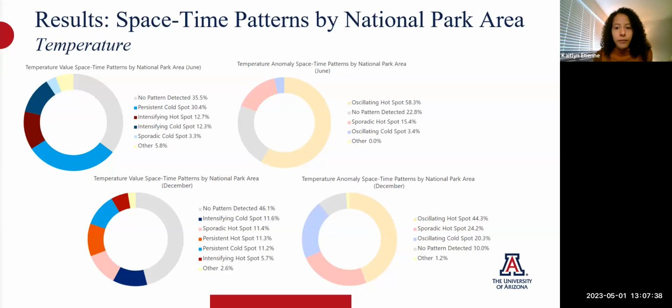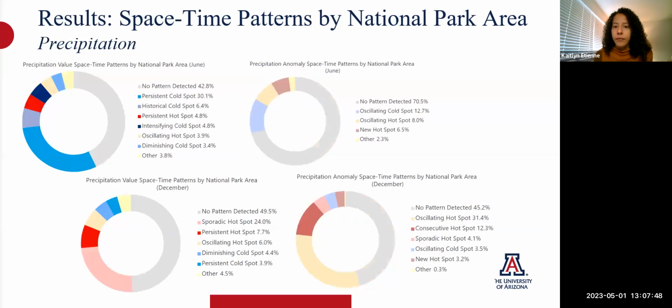area. But I noticed some more interesting trends in the precipitation data, so I'm going to jump into that and then do a deeper dive there and explain what I found. So here for precipitation, in the top left charts for June precipitation values, I saw historical cold spots in 6.4% of national park area.